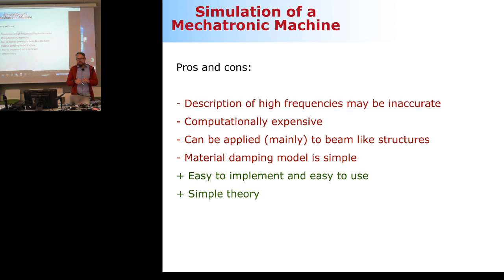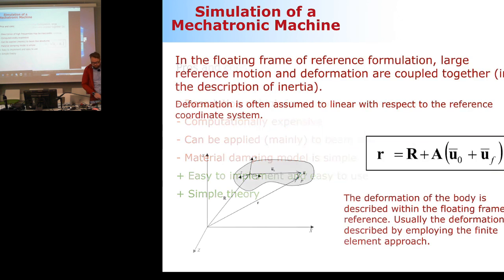There are some techniques to avoid that, and how this is a problem in real life. If you want to come to this course that's starting in January, there will be a little more explanation about numerically stiff systems. This is easy to implement, easy to use, simple theory, because it's linear rigid body dynamics, so it is quite straightforward theory.